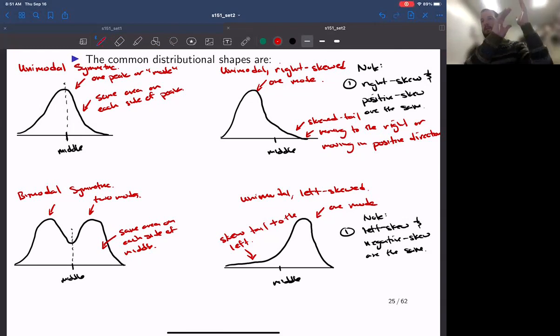So whatever peak is the highest, base your direction of skewness off the highest peak. So even if there's multiple peaks, but they're to the right of the biggest one, that would be a right skew. If there's multiple peaks, but they're to the left of the biggest one, that would be a left skew. Okay, so base everything off of the highest peak, and then the same definitions that we just described would follow from that.